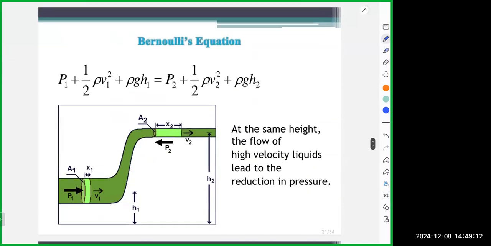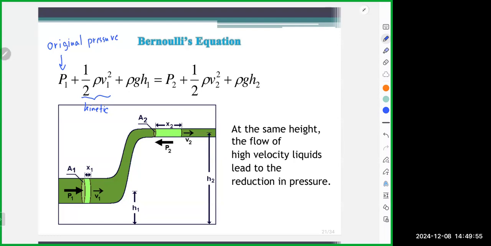And here is the Bernoulli equation. There will be three terms. The first one is the original pressure at that place. If you consider this one, this is P1. And then this one looks like the kinetic term. This represents the speed of the fluid.